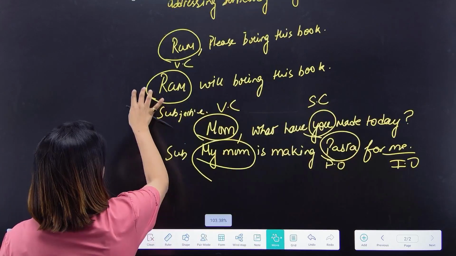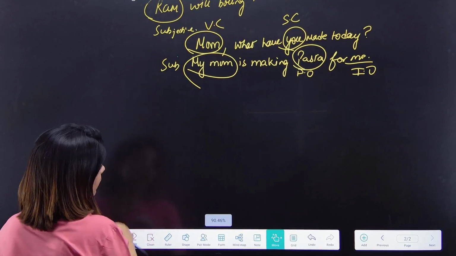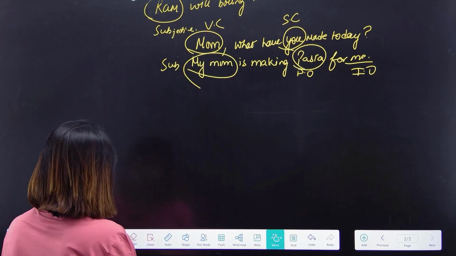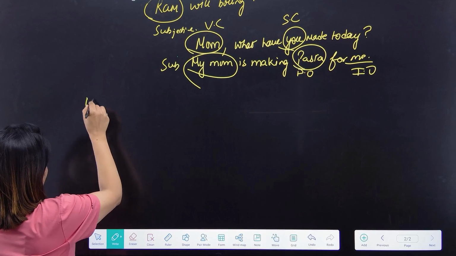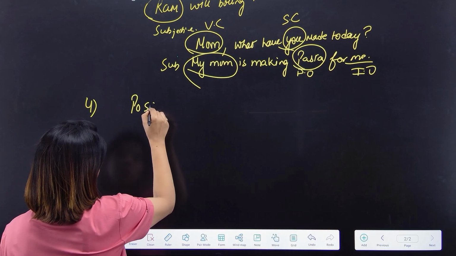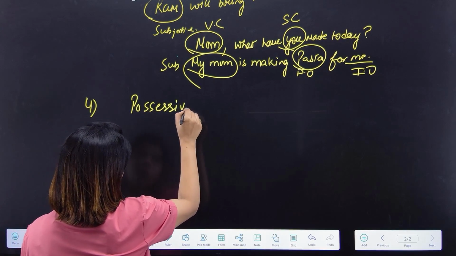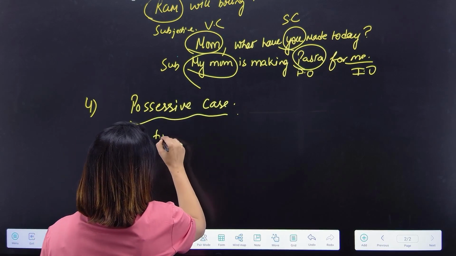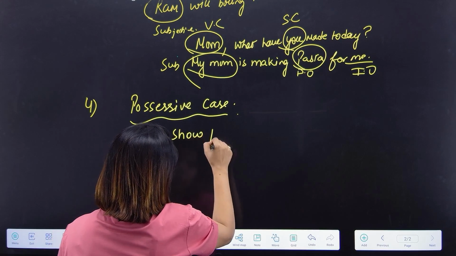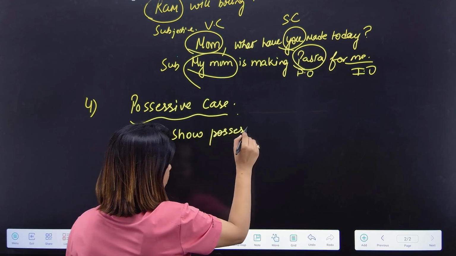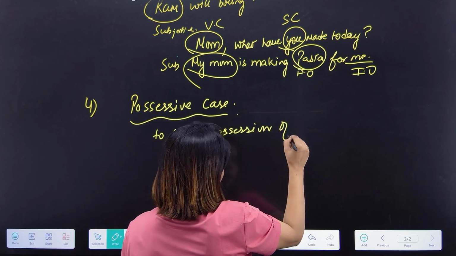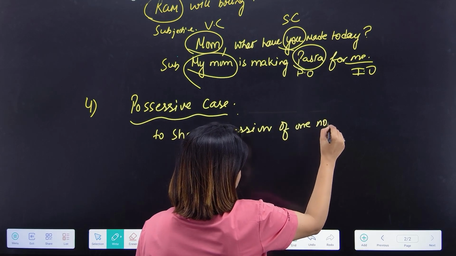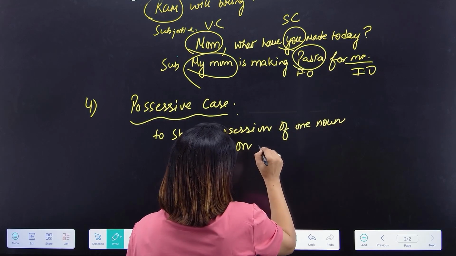Next is possessive case. Fourth case is possessive case. Possessive case is to show possession of one noun on other noun.